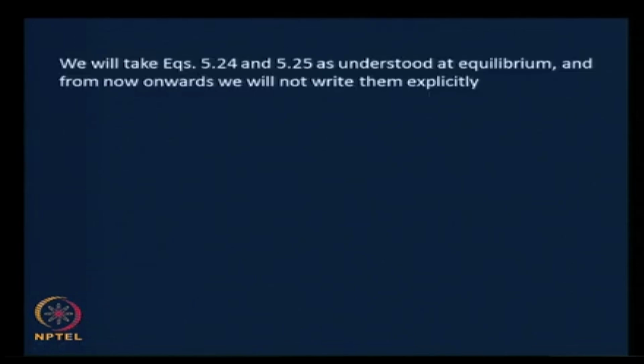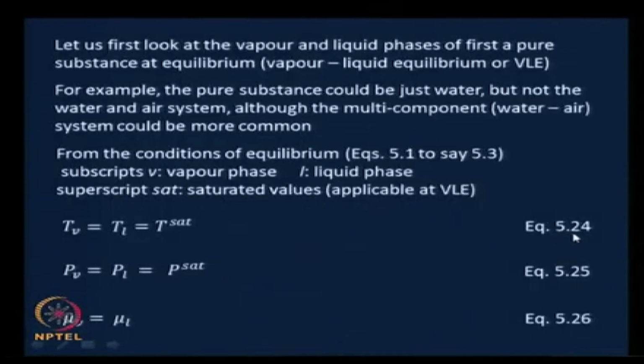Now what we are going to do is take equations 5.24 and 5.25, which are the equality of temperatures and the equality of pressures, to be a given whenever we talk of equilibrium. In other words, we are not going to explicitly state this every time, this is understood every time that we mention it.